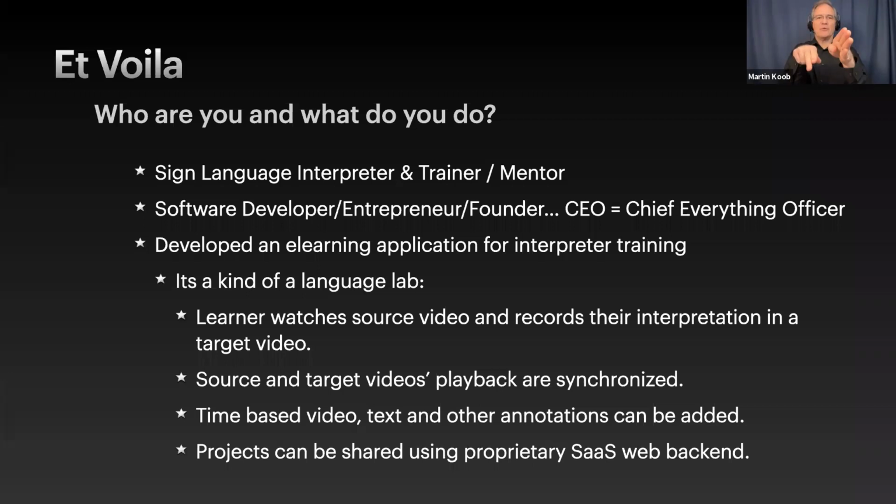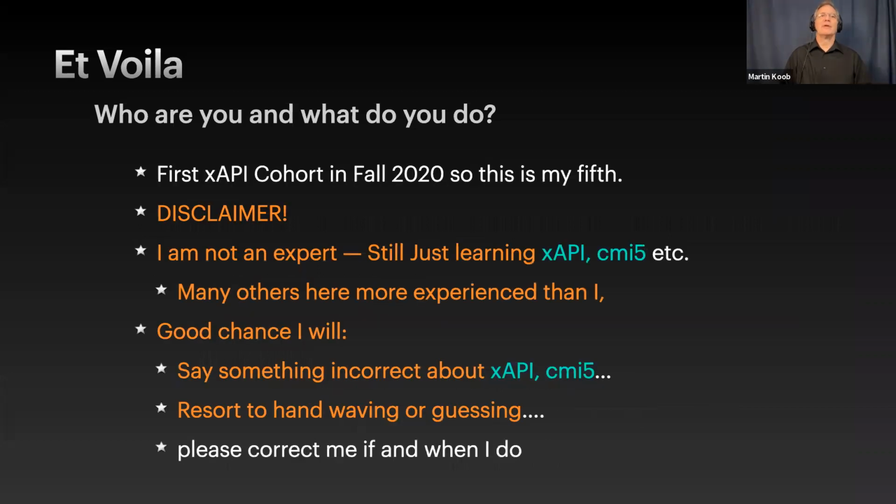So if they pause the source video, the source video will pause. If they play it, it'll play, so that the person reviewing it can see what they were looking at when they were doing whatever they were doing. I also had it so that comments could be added as annotations and projects could be shared. I had my own web backend software as a service.